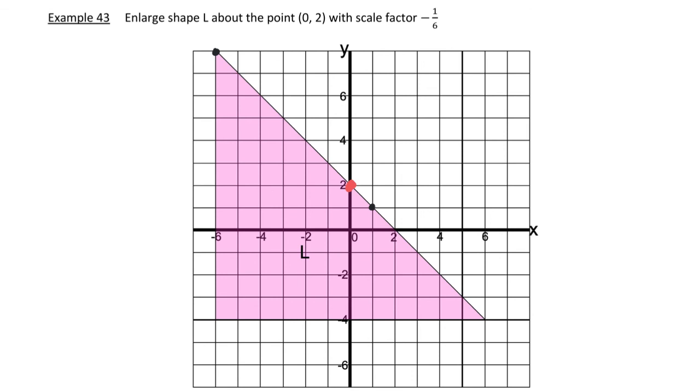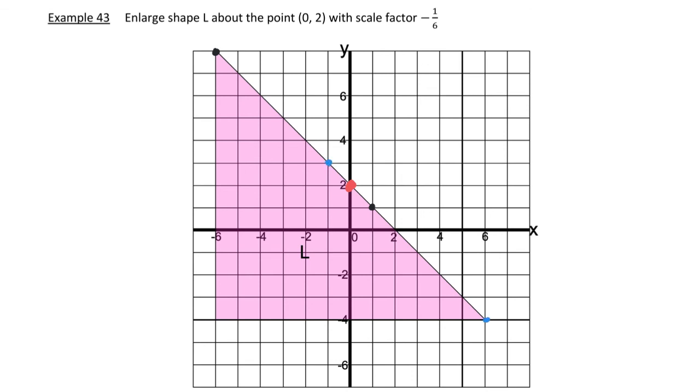If we go from the centre to the bottom point, we go right 6 and down 6. And if we apply a scale factor of minus a sixth, we'll go left 1 and up 1. And we get our second point to be here.